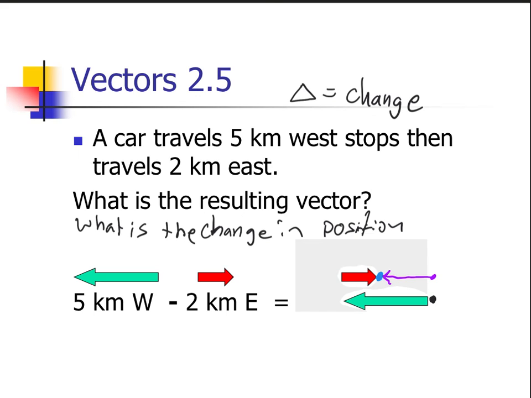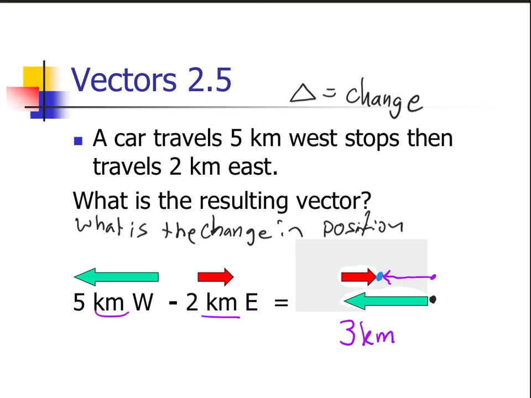Even though they stopped, went one direction and then the other, we still have that. And 5 minus 2, like I said, we have to know some basic math. 5 minus 2 is 3. Labels. Paying attention to that. Kilometers. Now becomes the, well, what direction?